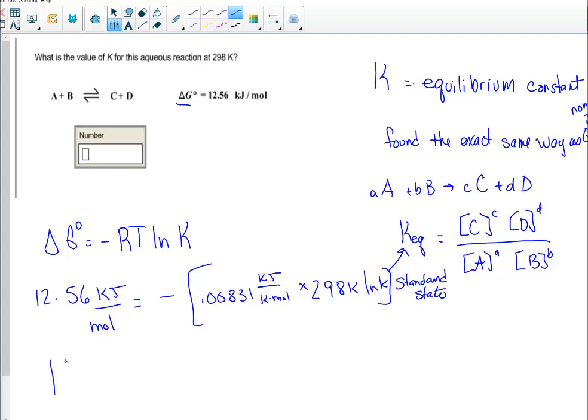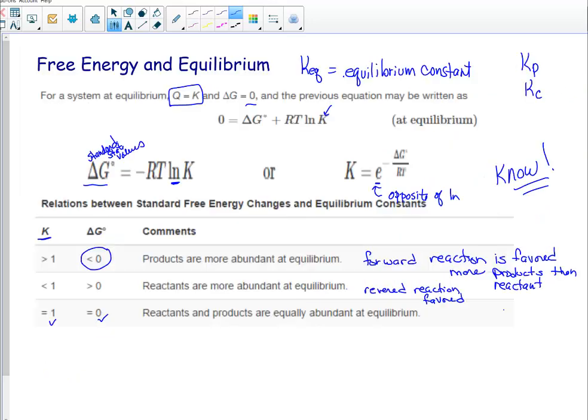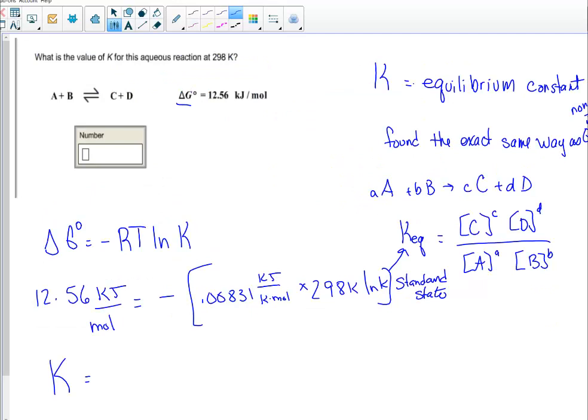Remember how we manipulated that a moment ago on that previous slide? If we want to isolate K, it's the same equation. We're just taking the opposite of the natural log. So let's rewrite that as well. If we want to know K, just take the opposite sign. And I should probably write that on the equation page before I print that off.